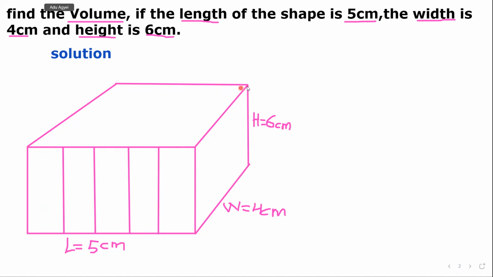This line too is also the length. So you need to extend the lines to divide this one into 5. You extend all the lines that you use to divide the length to divide the other length here.